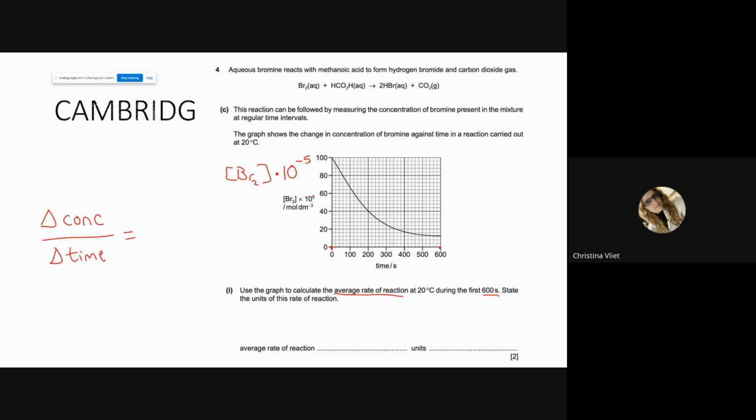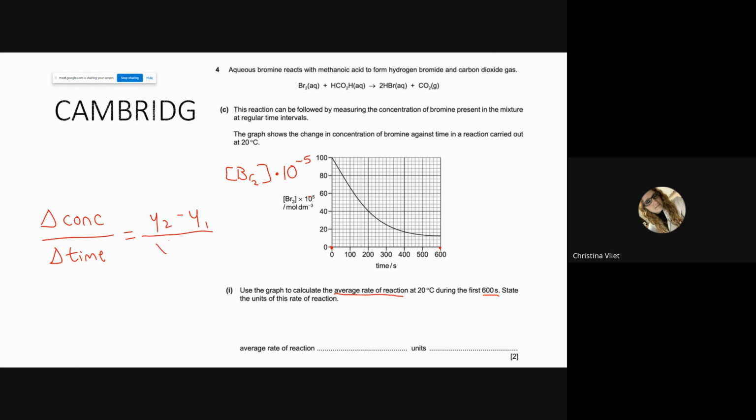That's y. So y2 minus y1. What is the axis of time? X. So x2 minus x1.